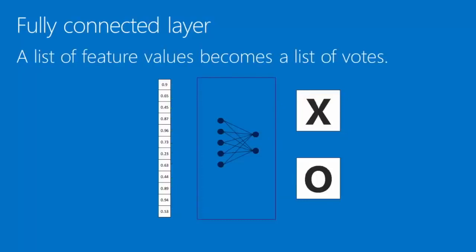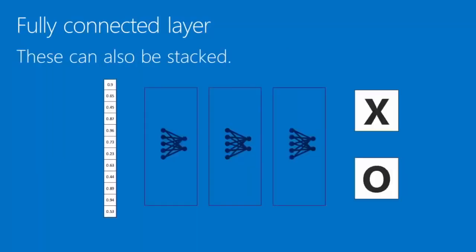So in a fully connected layer, a list of feature values becomes a list of votes. Now, again, what's cool here is that a list of votes looks a whole lot like a list of feature values, so you can use the output of one for the input of the next. And so you can have intermediate categories that aren't your final votes, or sometimes these are called hidden units in a neural network.